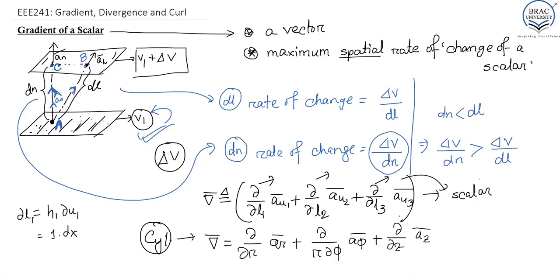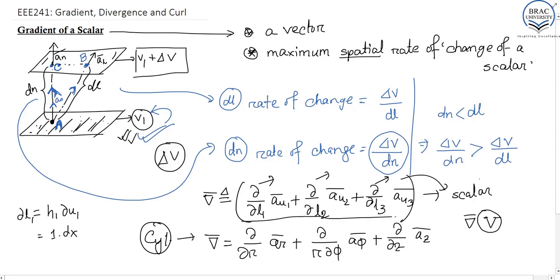Let's say you have a scalar quantity V over here, and you want to calculate the gradient of this scalar quantity. So the gradient of V is written as nabla V. Okay, and by using nabla, you're basically applying this operator onto the scalar quantity.